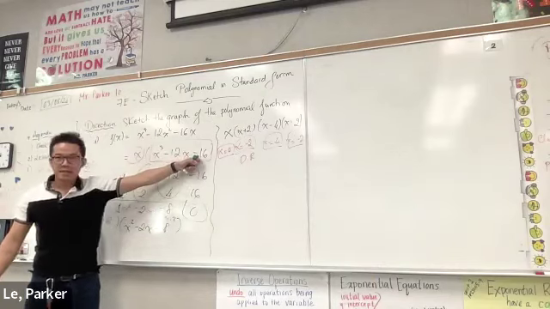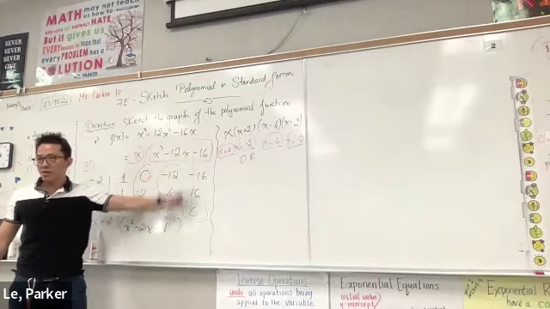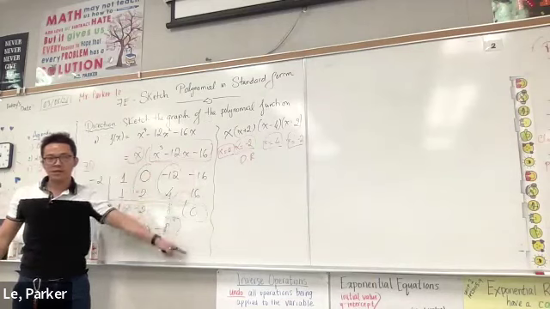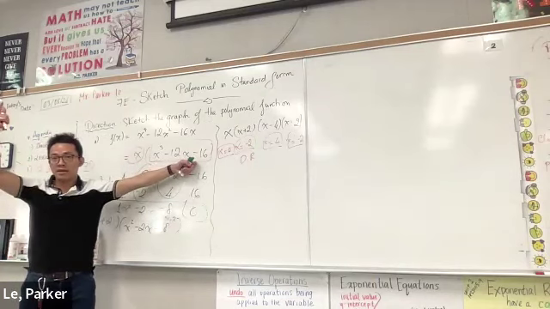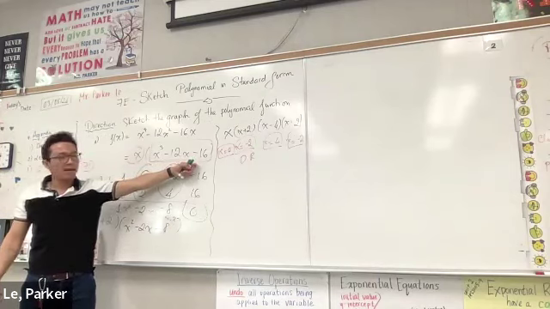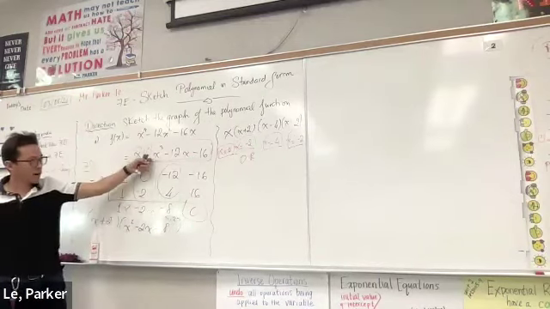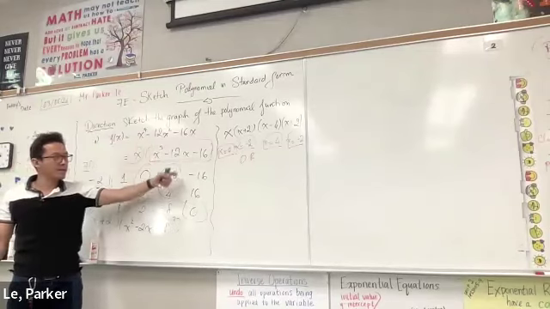I just skipped the step of the rational root theorem. I hope you remember how to do it. P is 16, so you have plus or minus 1, plus or minus 2, plus or minus 4, plus or minus 8, and plus or minus 16. And then you can try, because Q is 1, so all of them are P over Q.